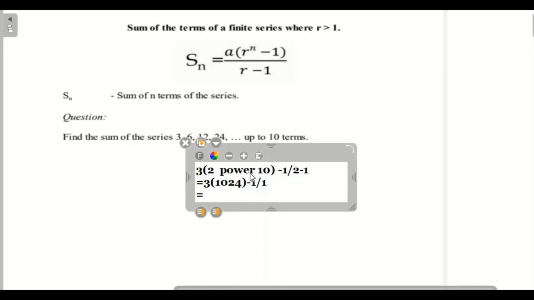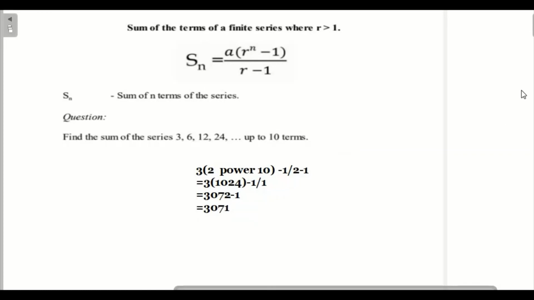So 3 into 1024 is equal to 3072 minus 1. So our answer will be 3071. Okay. So we have found the term. Our answer will be 3071. Okay. Shall we move to the next term?